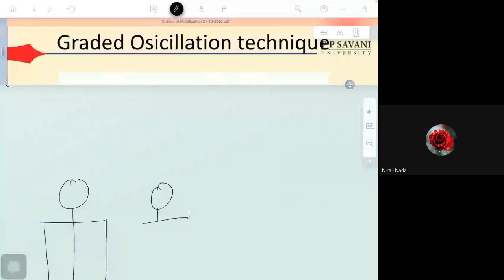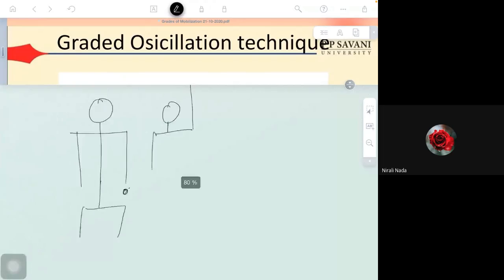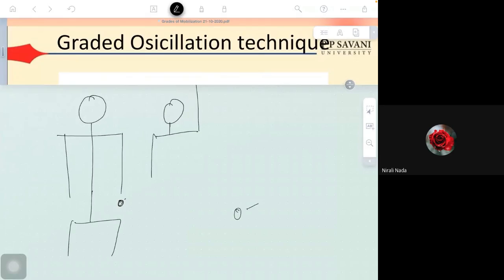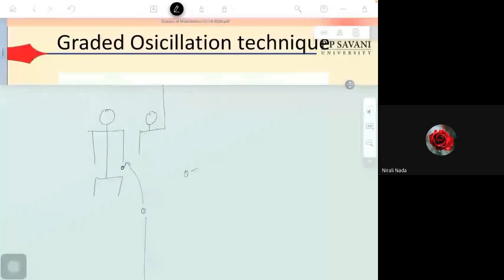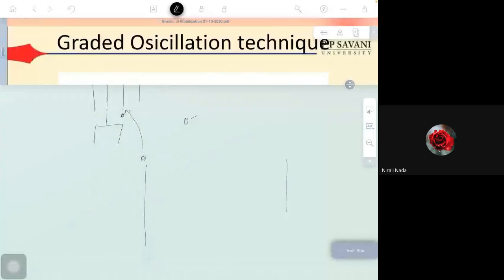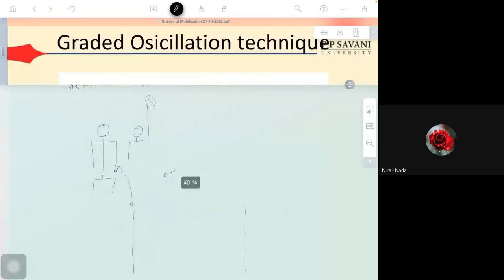Clear? So 0 degree is the first line. The first line represents this position and the third line represents this position. I think you are clear what I am saying.